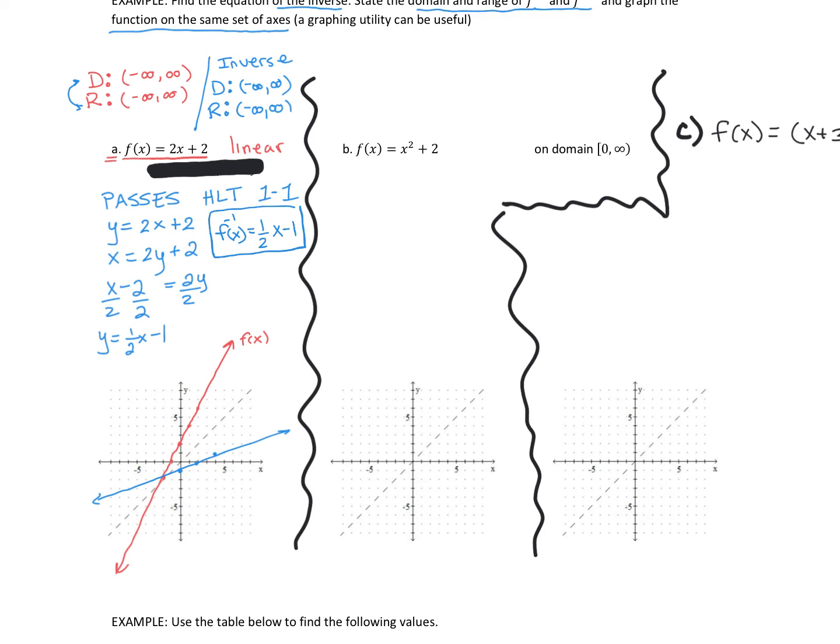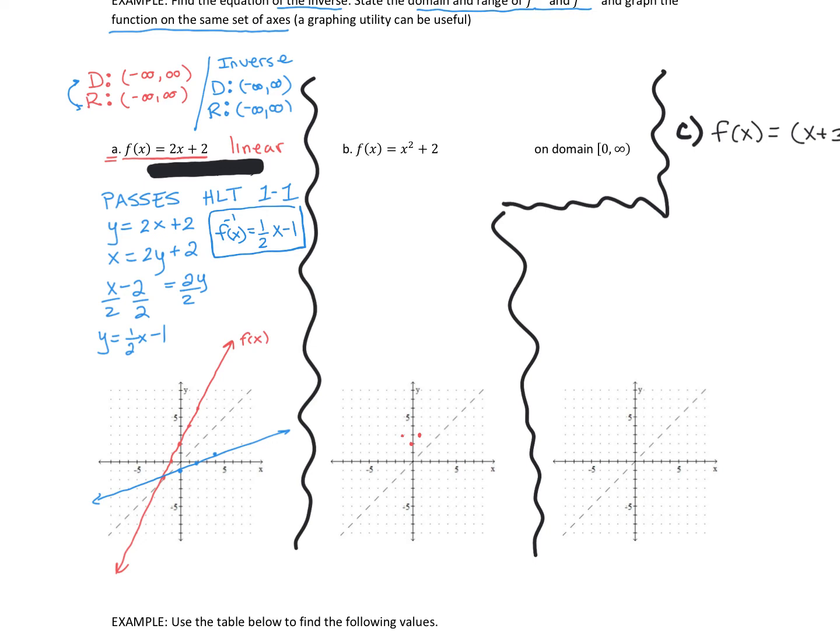Our next example is a quadratic, x squared plus 2, which would be a basic parabola shifted up 2 units. And we have this parabola. Now we can see right away that this parabola does not pass the horizontal line test, so it's not 1-to-1.